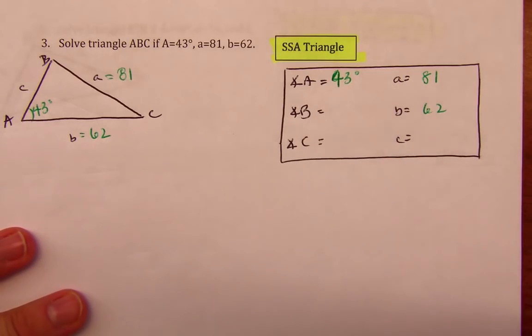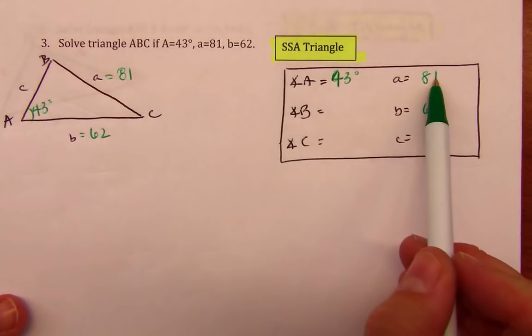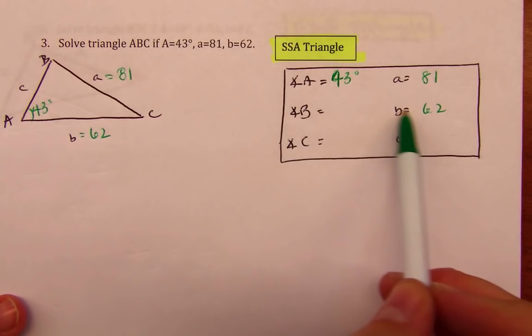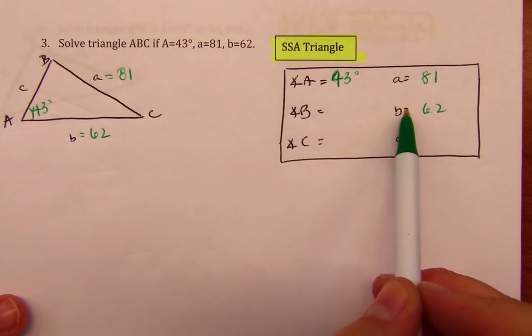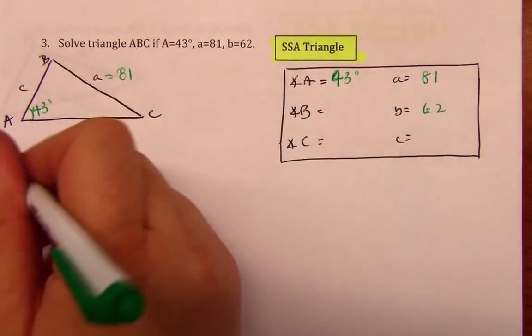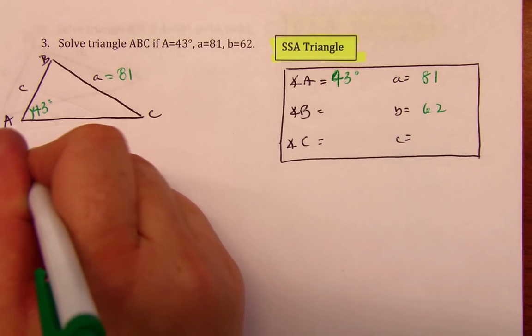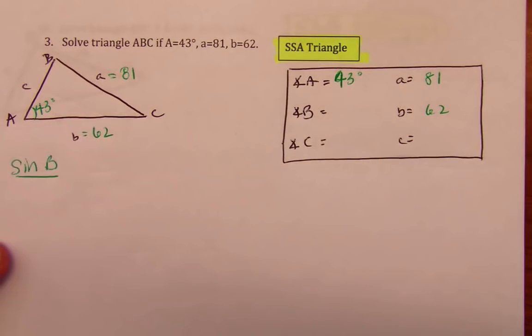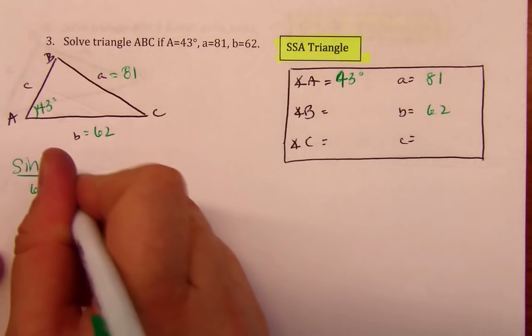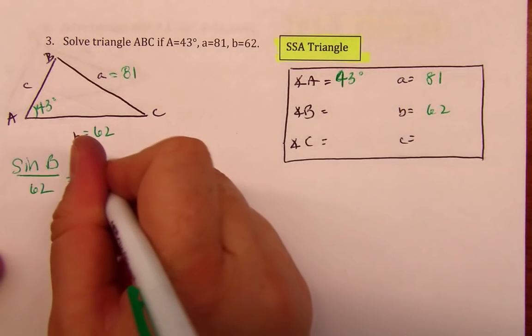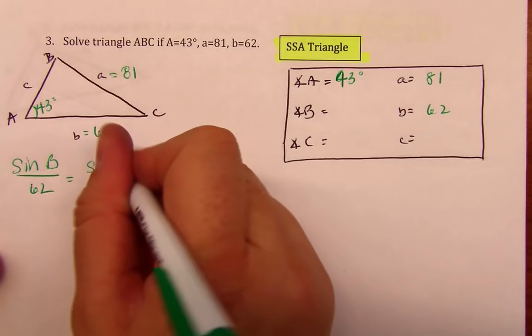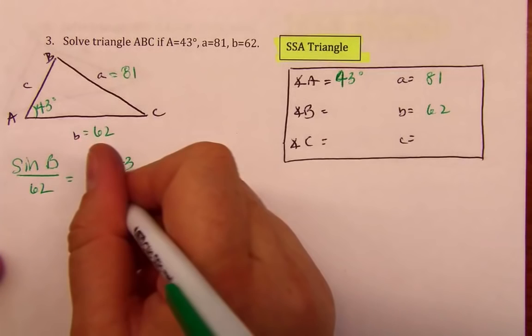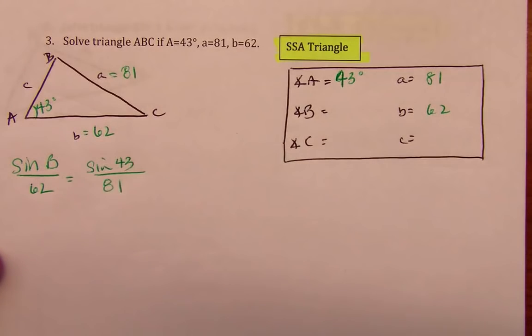Well, finding these angles isn't as easy as it was before. What we're going to do now is we have our matching pair here. I have to solve for angle B because that's the other piece of information that I have. So now I'm going to put the angle on top, sine of B, and side b is 62, and sine of A, which is 43, and side a, which is 81.